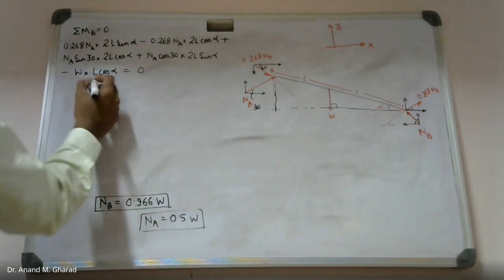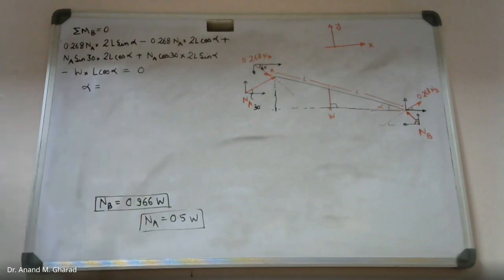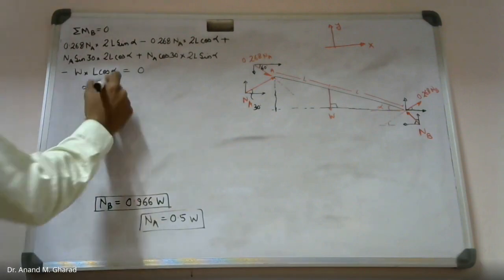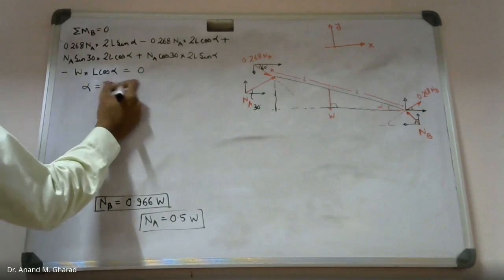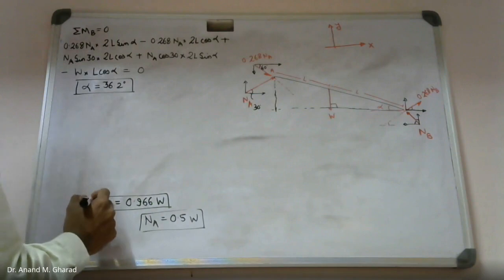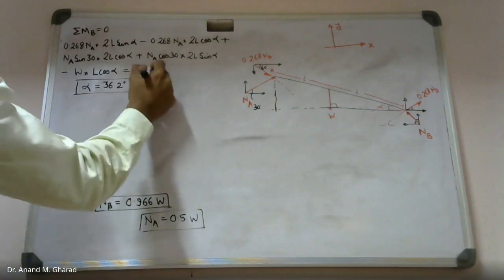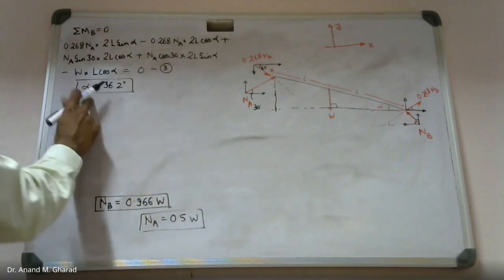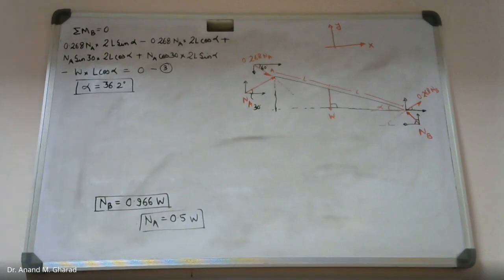Then you take the tan inverse value, you will get the value of alpha, and I am getting that value of alpha to be 36.2 degrees. You can verify this. Substitute Na and Nb in this equation 3, and then you will get the alpha value. So you can try this.